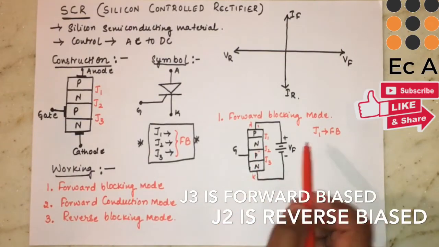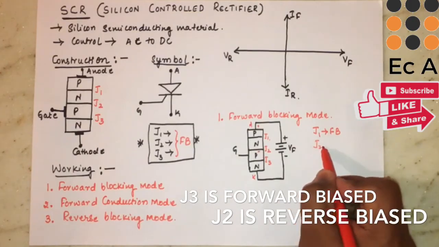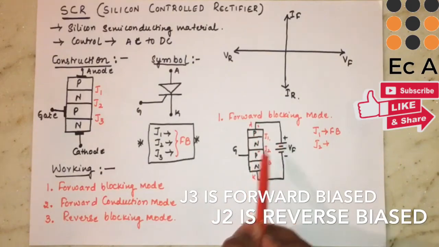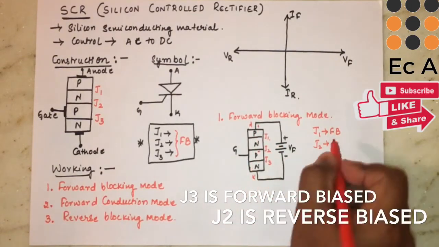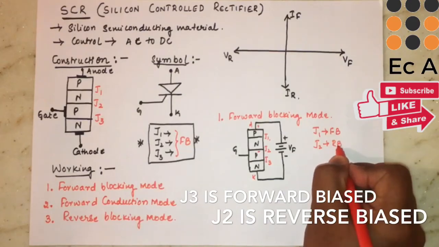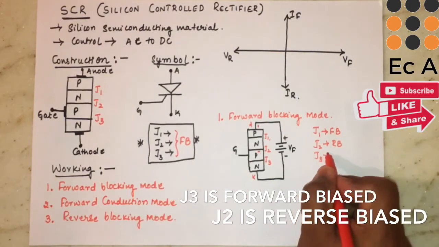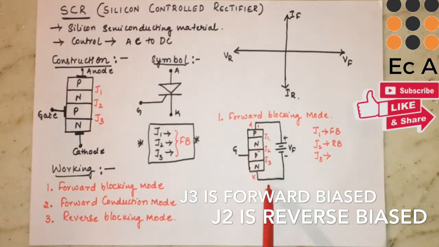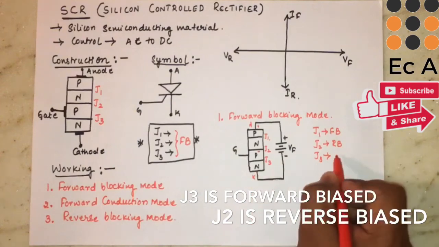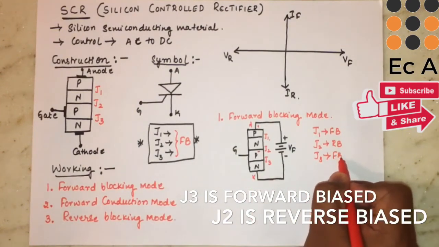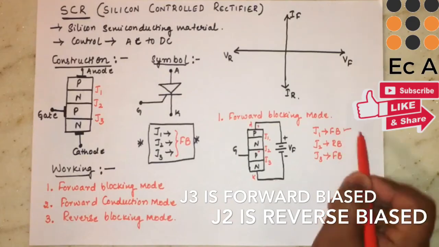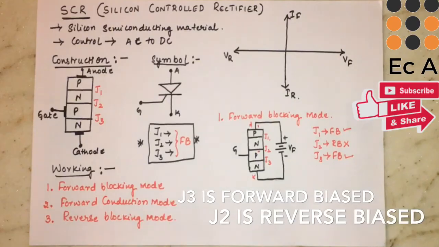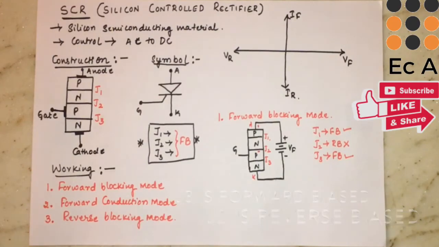Junction J2 will be reverse bias because the positive terminal is connected to this N region and the negative terminal is connected to this P region. Junction J3 will be forward bias because positive is connected to the P region and negative is connected to the N region. So you can see junction J1 is forward bias, junction J3 is forward bias, but junction J2 is reverse bias. Hence the SCR will not conduct.